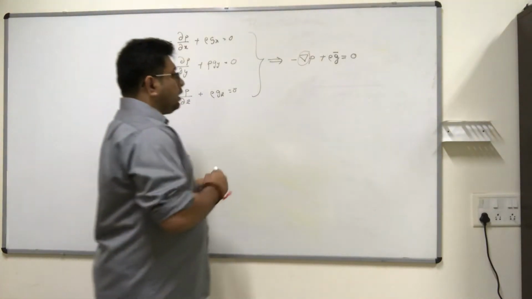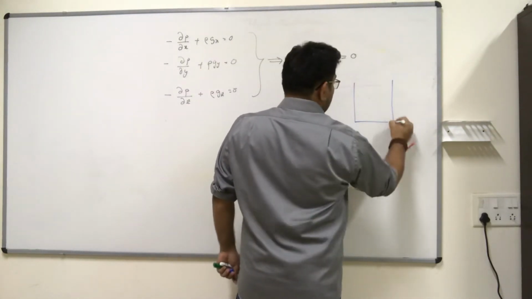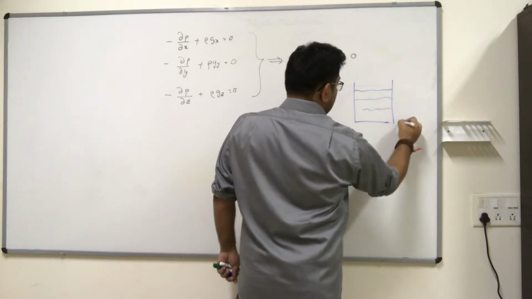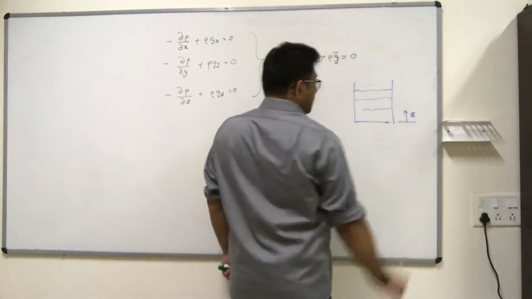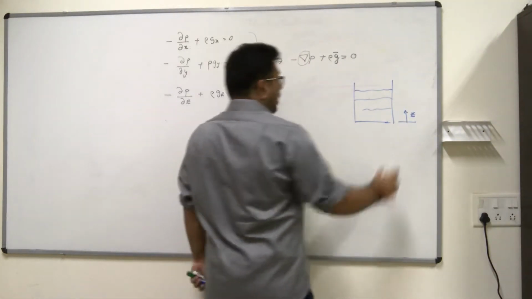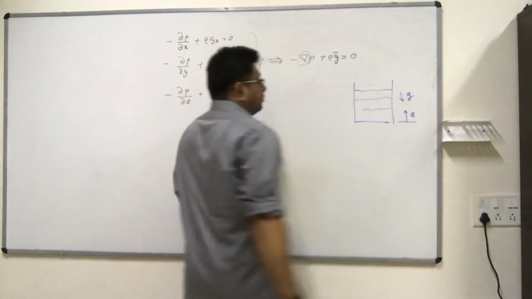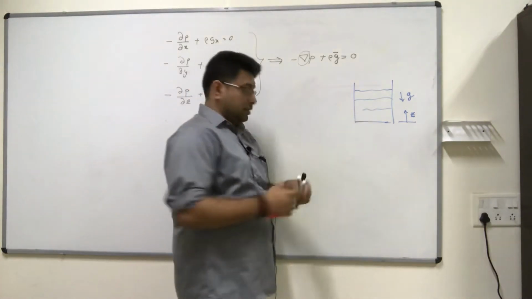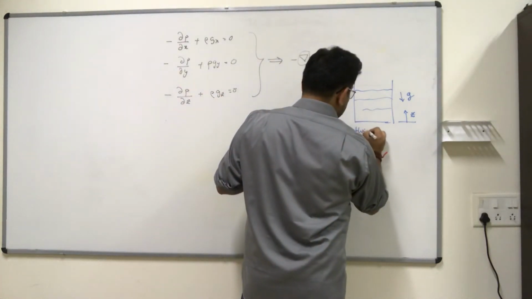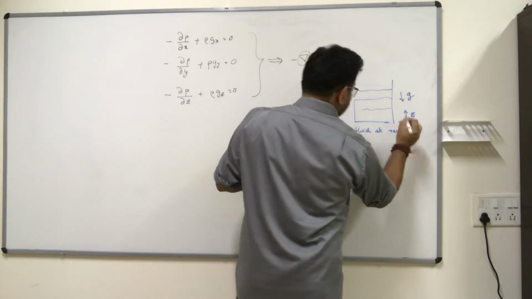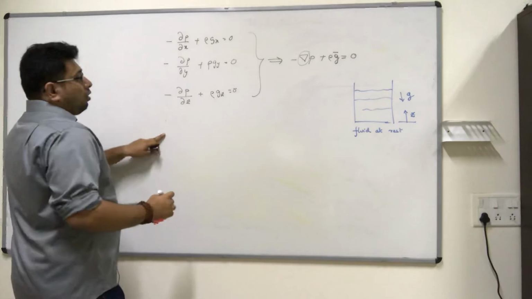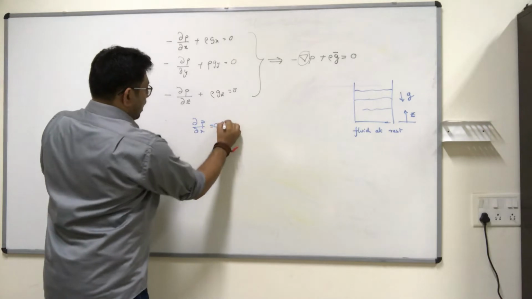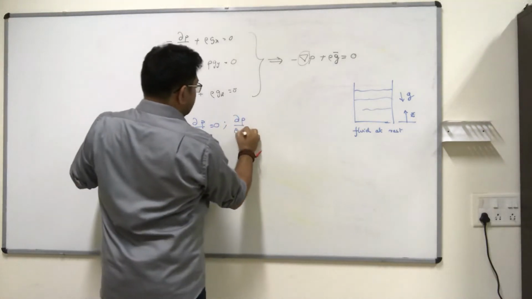So now let us think about a system. So let's say you have fluid, and this is my z direction and my gravity is acting downwards. Okay. So if you have that and the fluid is at rest, then what happens here? Well, these two become trivial, right? So you will have del p del x equal to 0 and del p del y is also equal to 0.